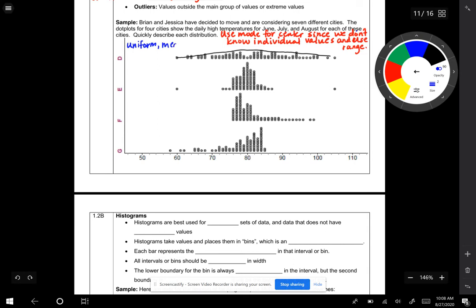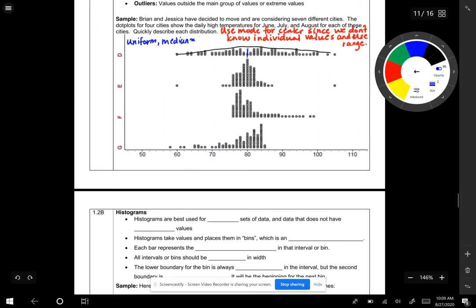The median, so find where you think is approximately the middle. Based on this graph, I think the median is right around 80-ish. So that takes care of shape and center.